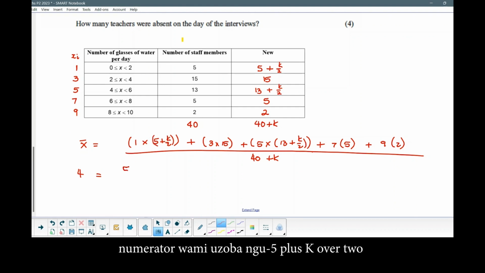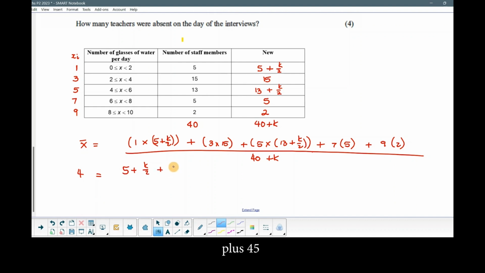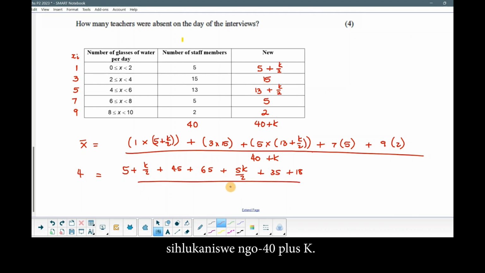Numerator will be 5 plus K over 2 plus 45 plus, let's multiply that in to get 65 plus 5K over 2 plus 35 plus 18, divided by 40 plus K.